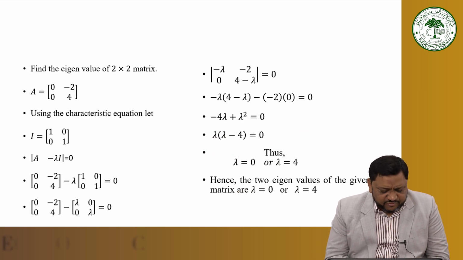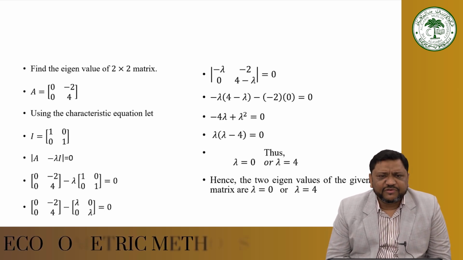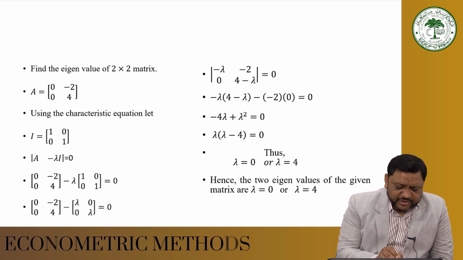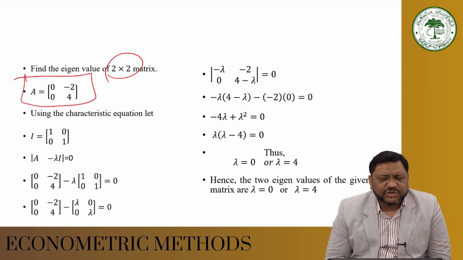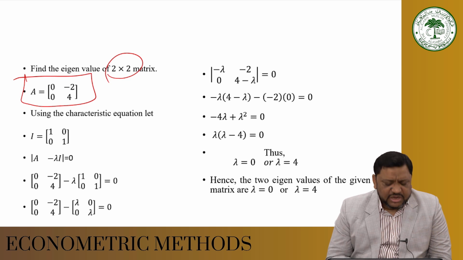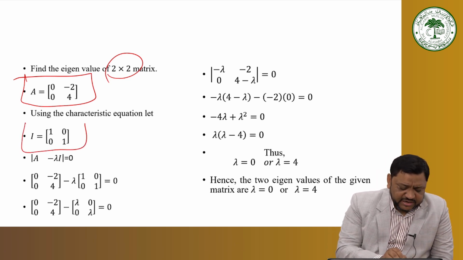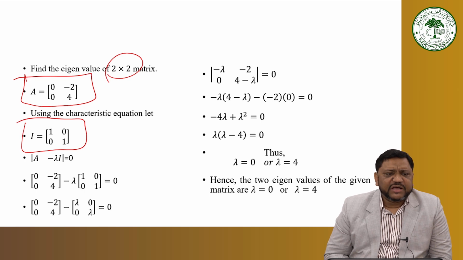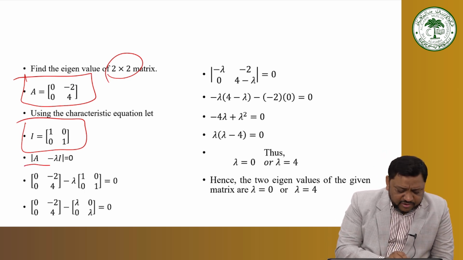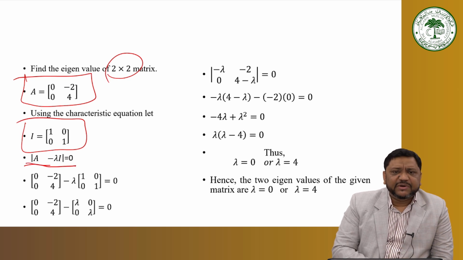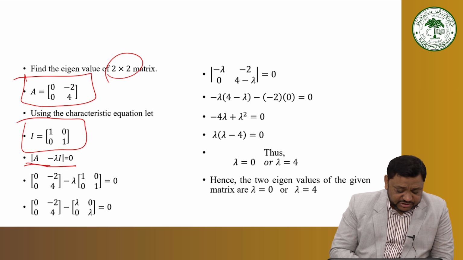We will take a very simple example to give you a feel of eigenvalue. Suppose we have a 2 by 2 matrix, where the first row is 0, minus 2 and the second row is 0, 4. Using the characteristic equation, we have the identity matrix, first row 1, 0, second row 0, 1. What we do is take the matrix A minus lambda I, where I is the identity matrix, and equate it with 0.